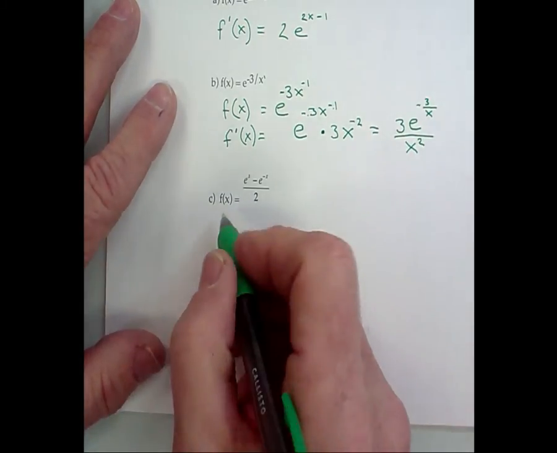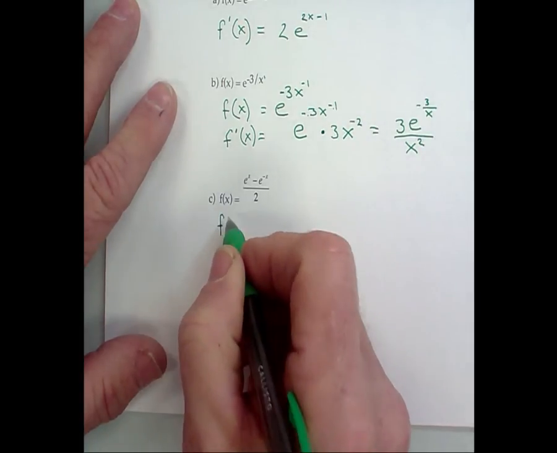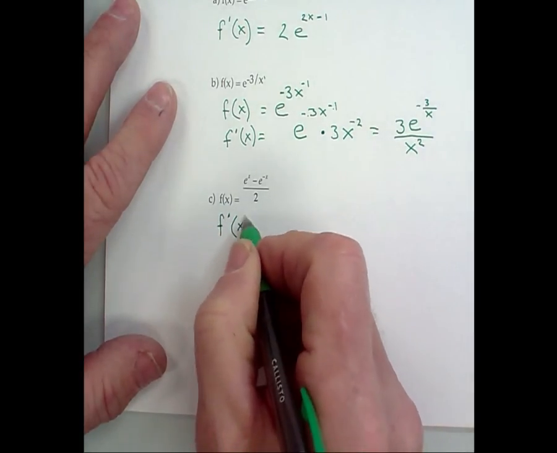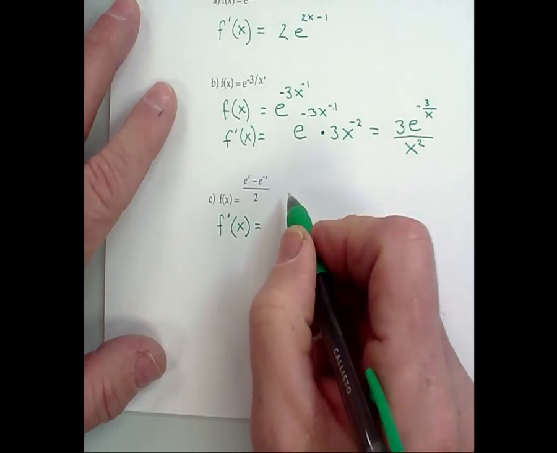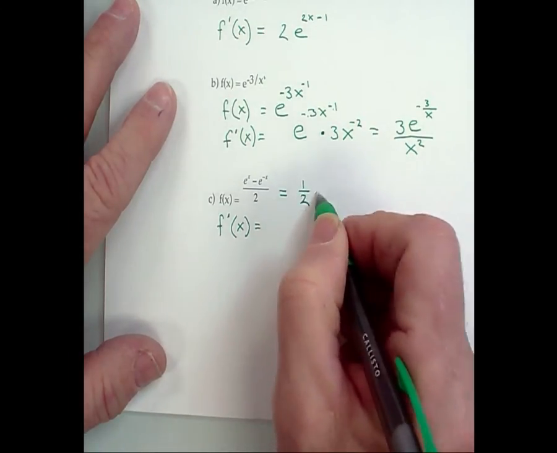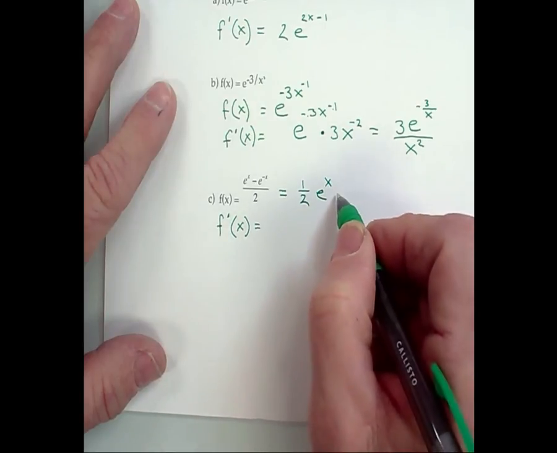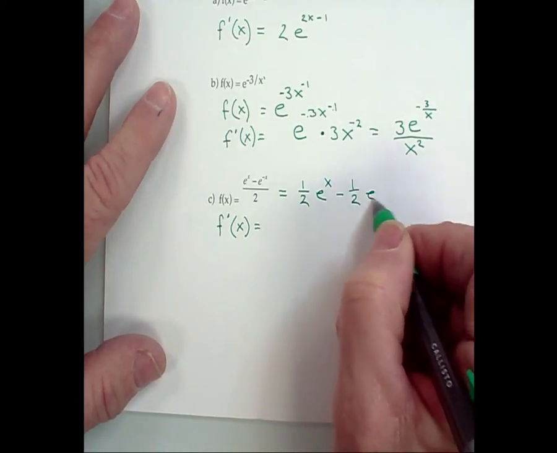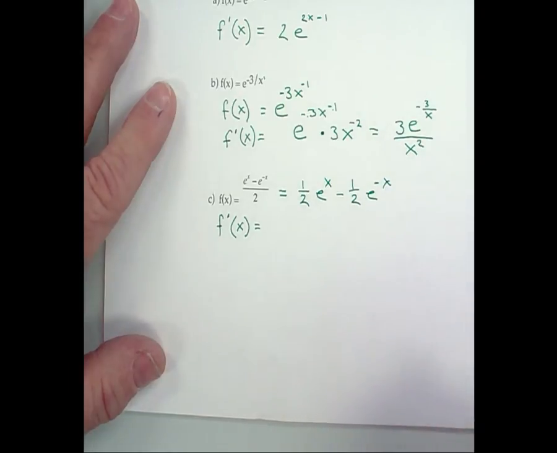Owen, do you need a hint? Probably? Yeah. Okay. Are you okay that I write this as 1/2 e to the x minus 1/2 e to the negative x? Yeah, you're okay with that? Okay.